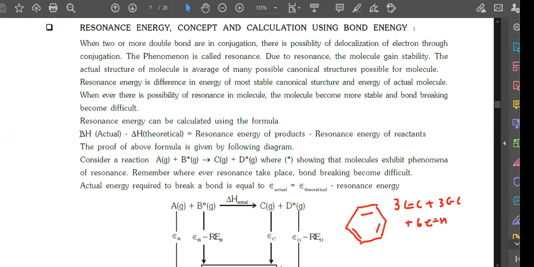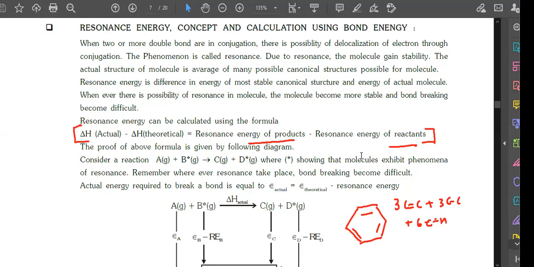Resonance energy is the difference between actual and theoretical. Or you can also say that it is resonance energy of product minus resonance energy of reactant. So this is something that you have to remember.